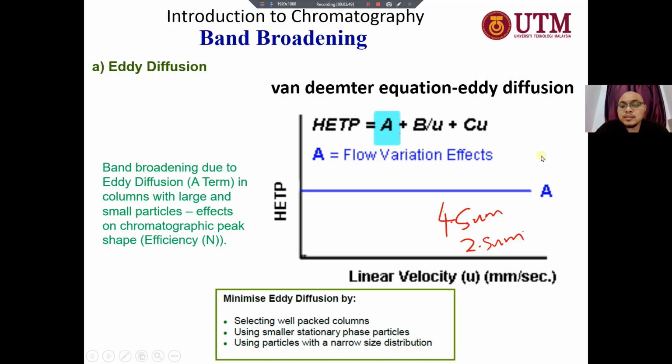For example, instead of using a column diameter of 10 mm, you can use a diameter of 5 mm. This can reduce or minimize the eddy diffusion effect.